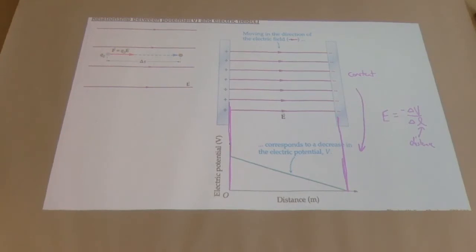So I can take this equation, and again, keep in mind, it's the negative slope of the potential. The electric field is the negative slope of the potential. And we can rearrange this into an integral. We're going to do that on the next slide. I'm going to go straight over here.